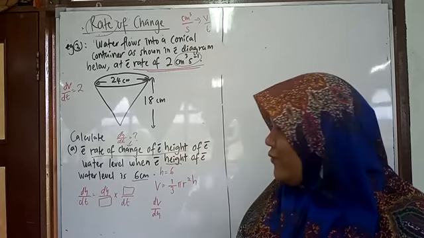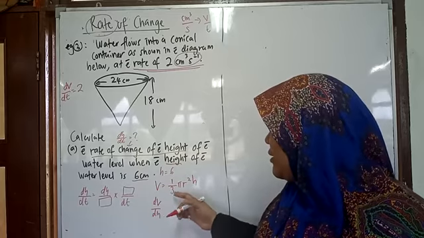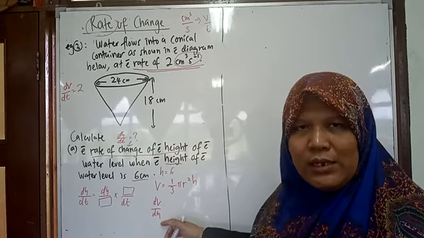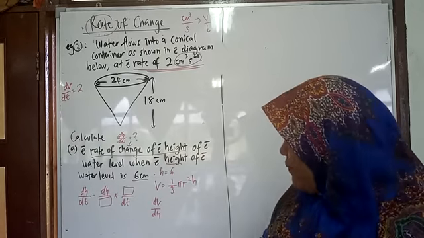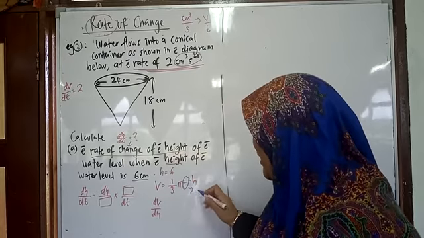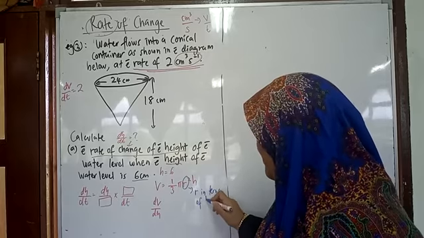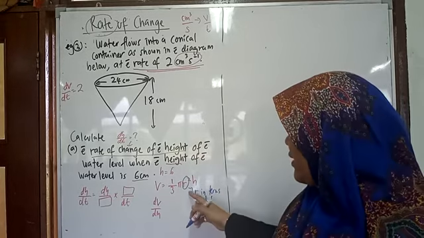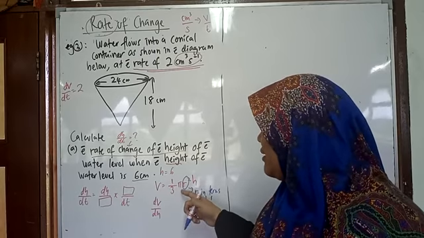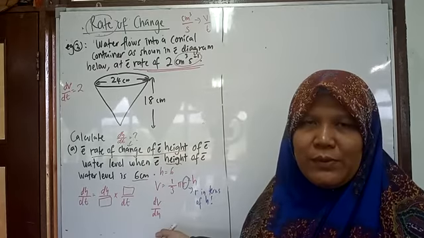So how can we differentiate this volume, in which the volume is in r and h? How can we differentiate it only in h? You need to convert r in terms of h so that this equation will be in terms of h only. Only then can we differentiate V with respect to h.